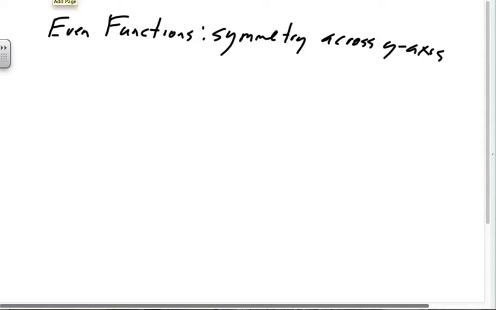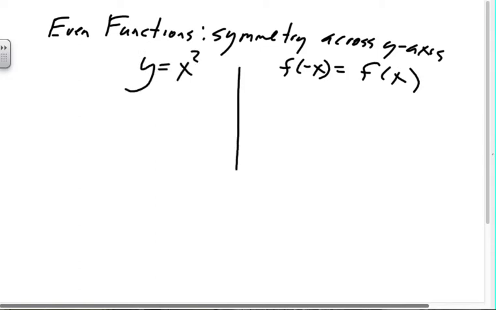Or they can be written as f of negative x equals f of x. An example of that would be y equals x squared. A good old parent function if you graph it. This is an even function, and I think you can guess where the name comes from. You've got an even power, because we have symmetry across the y-axis.